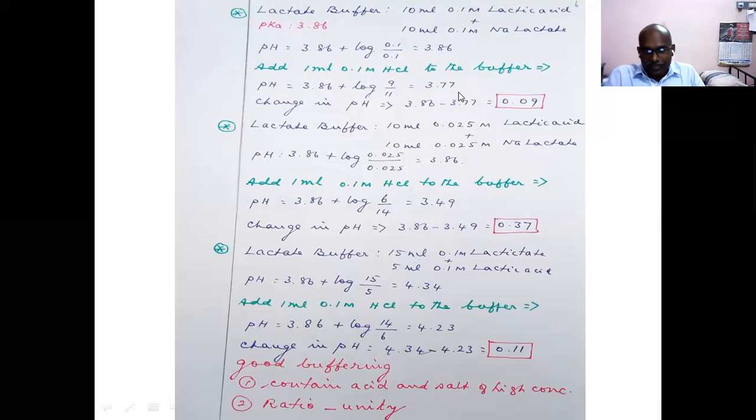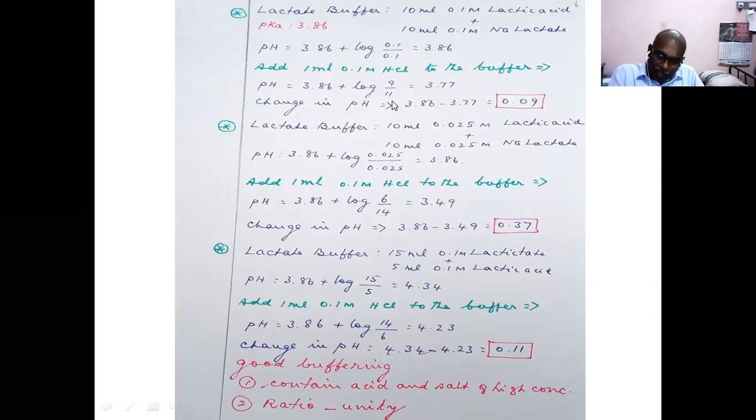See, suppose to the same system I am adding sodium hydroxide. What will happen? More lactic acid will react with the sodium hydroxide, and more sodium lactate will be generated. Therefore, the lactic acid quantity will come down and the sodium lactate quantity will go up, so the ratio will become some 11 by 9.